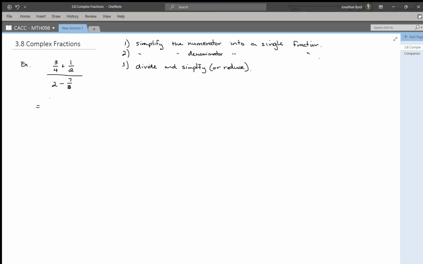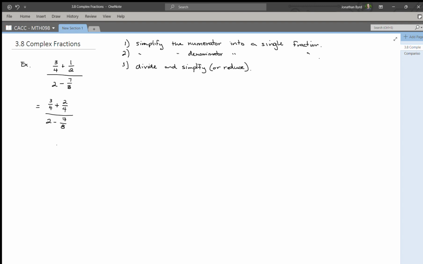So 3/4 is going to stay the same. 1/2, well, to get 1/2 into something over 4, I would multiply the bottom by 2. And since I multiply the bottom by 2, I would multiply the top by 2. And so 1 times 2 is 2. So 2/4 is the same as 1/2. And then I'll write down the rest of this bottom part for us for now.